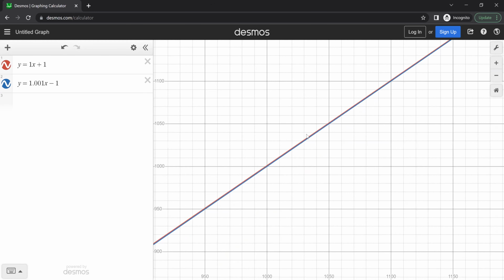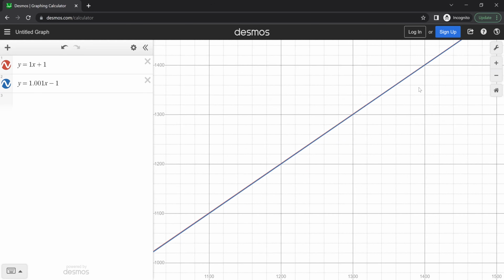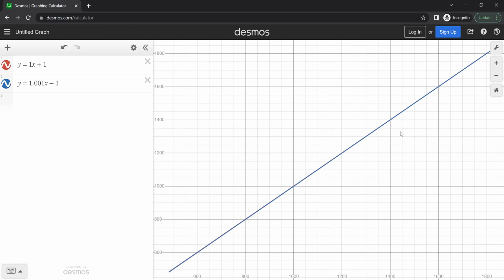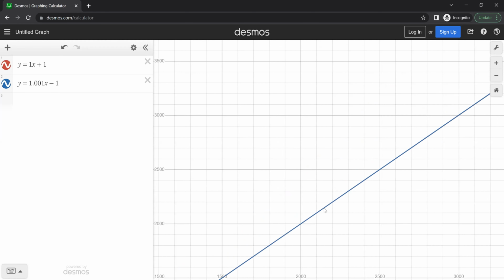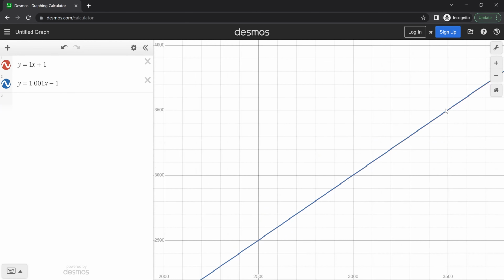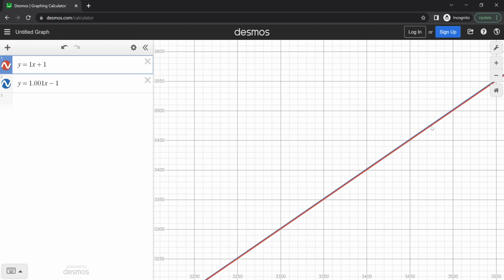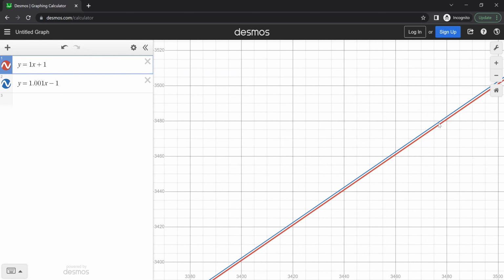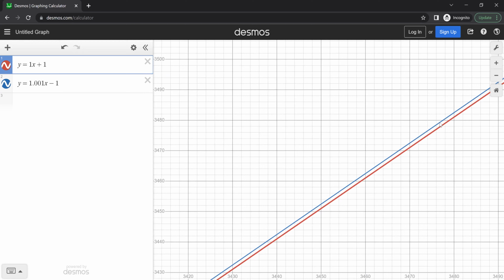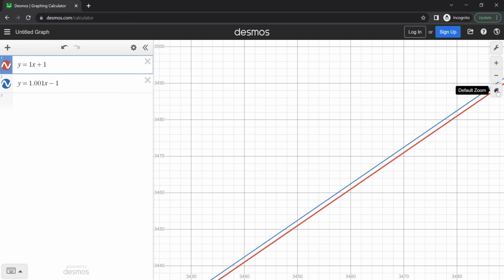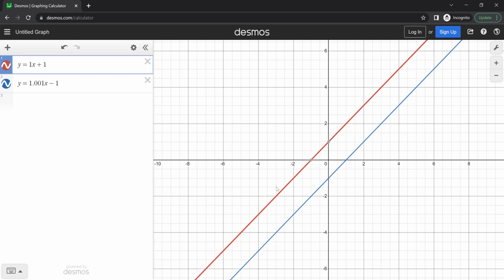The blue actually ends up being on top of the red. Let's see if I can find it way out here. Okay, so there it is. Do you see how that blue is now on top of the red? So the point is, and I guess I'm maybe spending too much time here trying to show you this, but they can look parallel, but it really comes down to the slope.